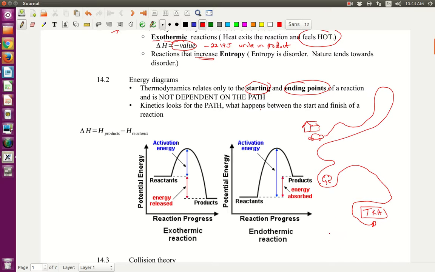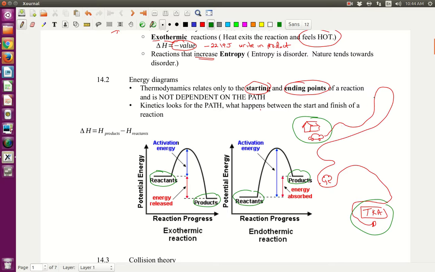Alright. So thermodynamics would only care that I started off at my house and I ended up at TKA. And it does not care that I took this long, weird path to get there. It's just the beginning and the ending. It's basically the reactants and the products. But kinetics cares about how I go.